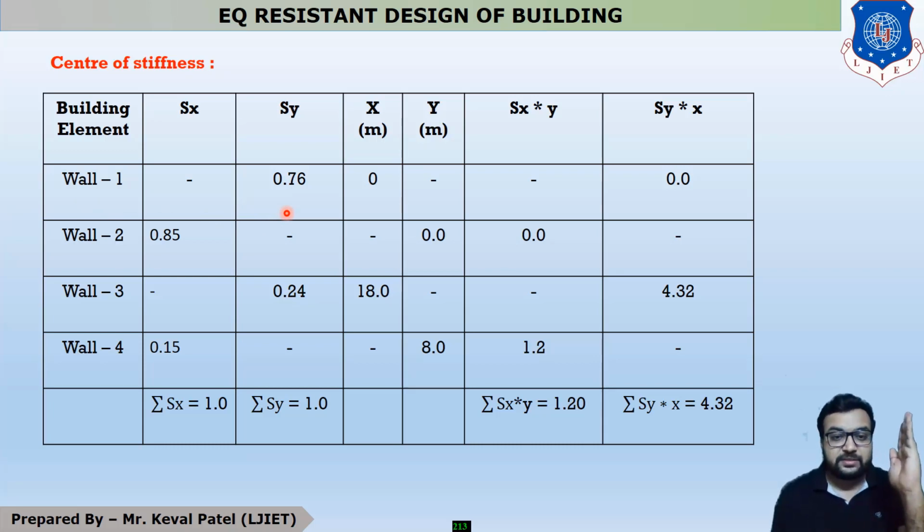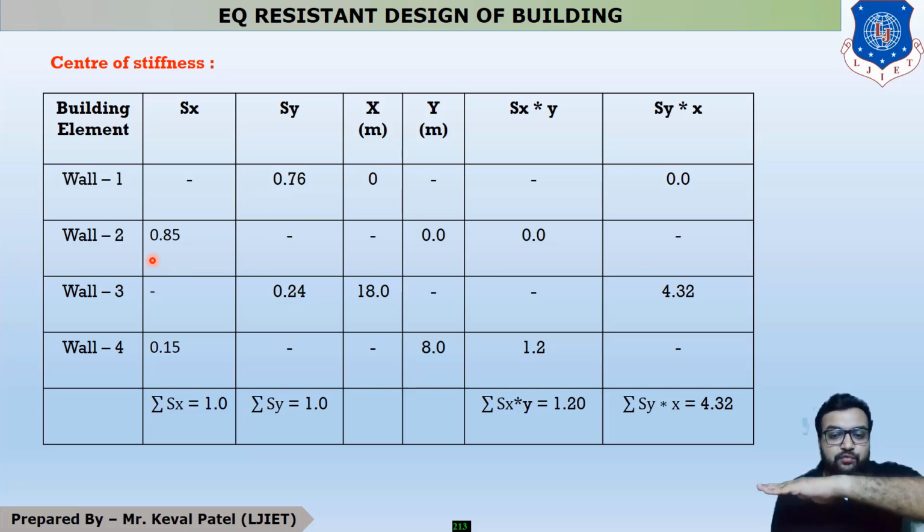So what is the distance in x direction for wall 1? It is 0. Wall 1 is not taking load in y direction, so your y distance is 0. Similarly, your wall 2 is in x direction, so it takes load of y direction.